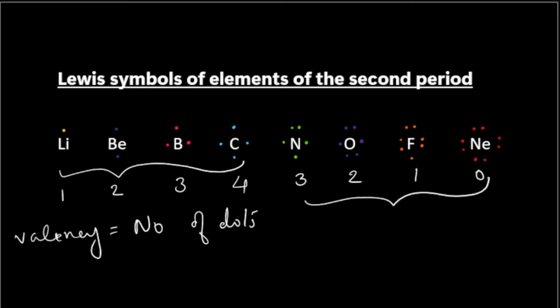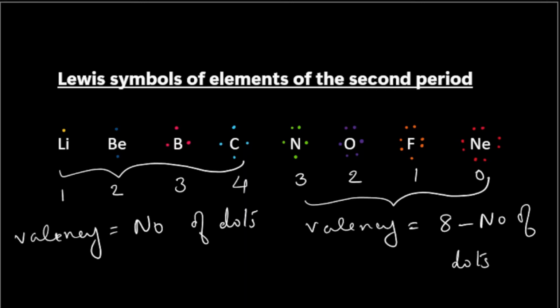So here valency is equal to 8 minus the number of dots. Number of dots means number of valence electrons. So in this way we can calculate the valency of an element using the Lewis symbol.